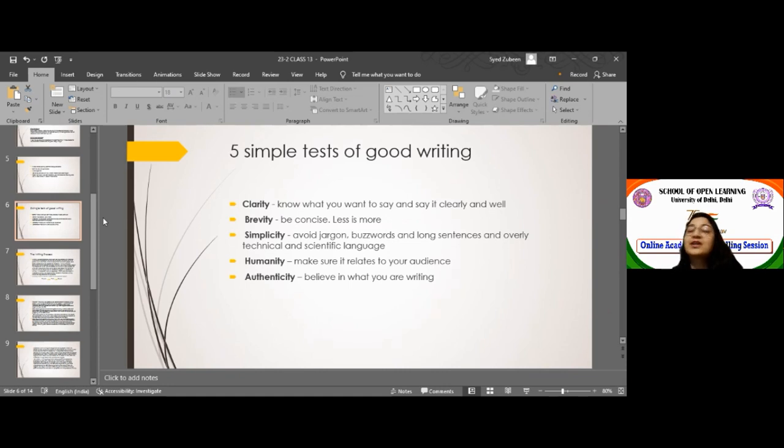So clarity: know what you want to say and say it clearly and well, right? Whatever you're writing, it should make sense. Whatever you're writing, it should be something that is important, something that is asked of you.